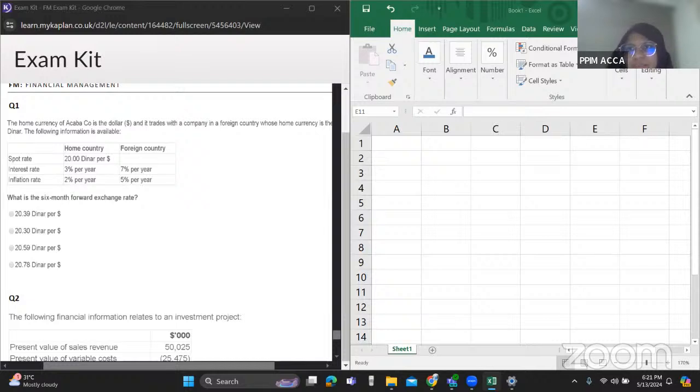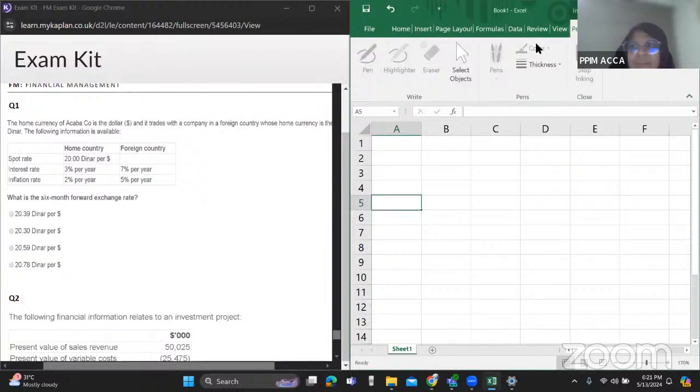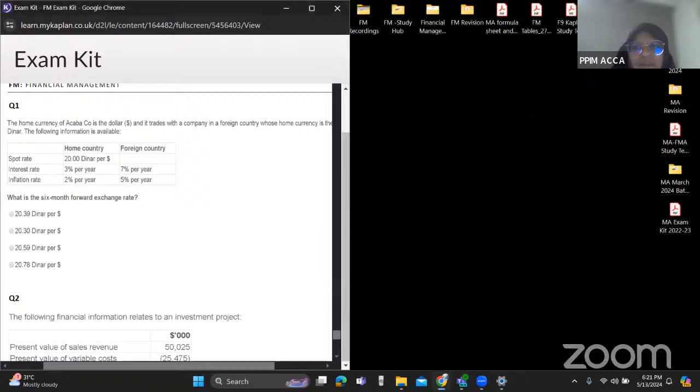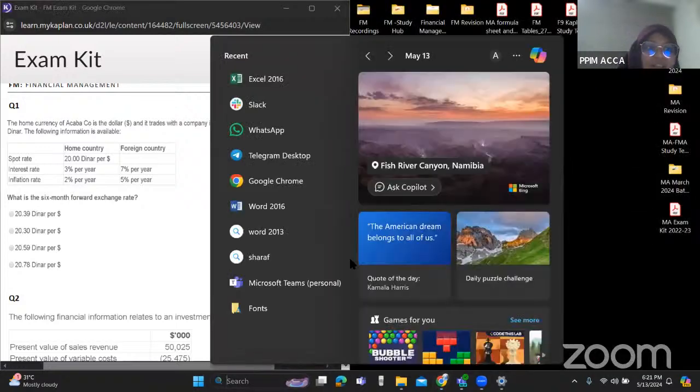I have two things I can use if needed. One is the purchasing power parity theory and the interest rate parity theory. Those two things are the only equations where we talk about the forward rates, the spot rates, and the interest rates. Now, remember here, what they are asking for is a forward exchange rate.